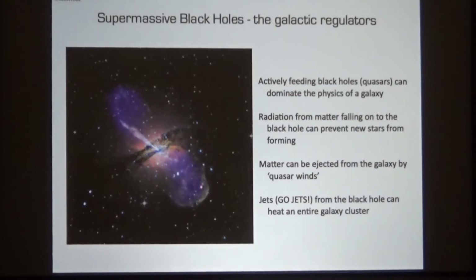They're now a class of objects we know broadly as active galactic nuclei, but the term quasar is basically the same thing. We tend to reserve it for the brighter ones, but it's the same phenomenon. It is matter actively falling onto a black hole at the centre of a galaxy and radiating high energy radiation away.